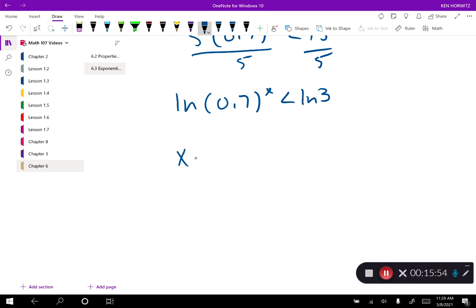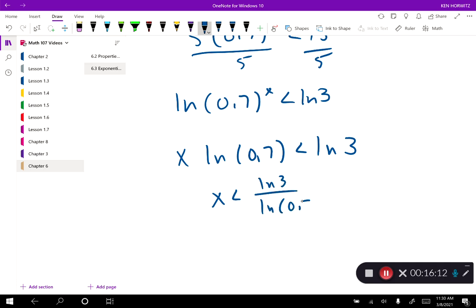So then I use my power property to say x ln 0.7 is less than ln of 3. And then x is less than, if I divide by ln of 0.7, ln of 3 over the ln of 0.7. And I am done.